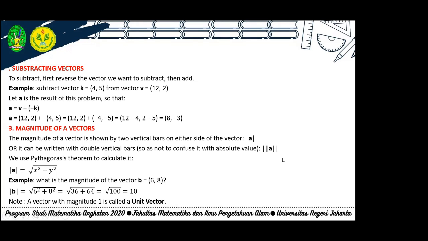Okay, we use the Pythagorean theorem to calculate it. The magnitude of a vector is equal to the square root of x squared plus y squared.